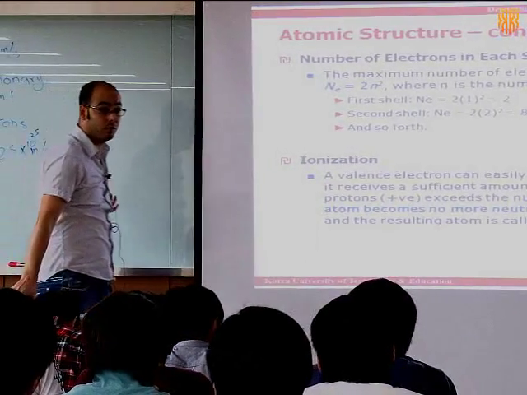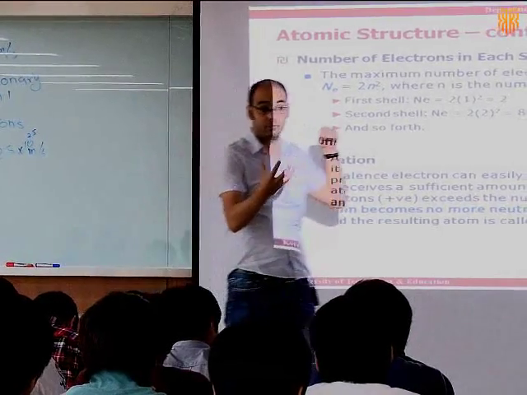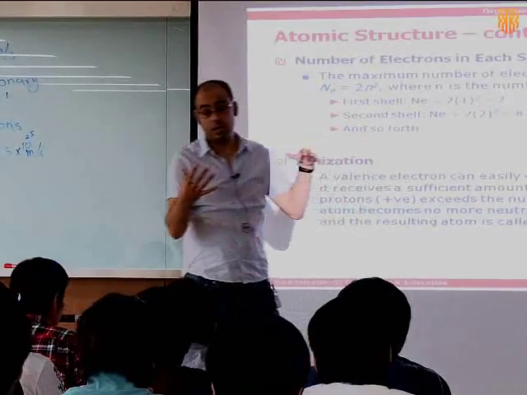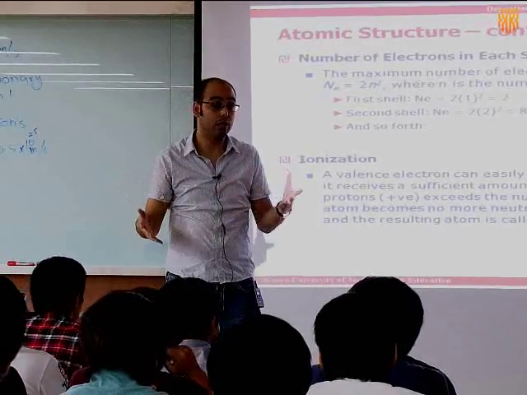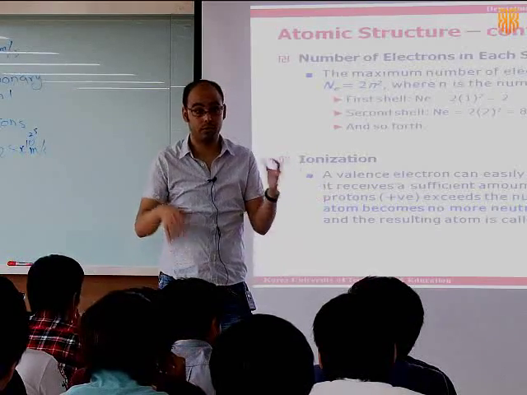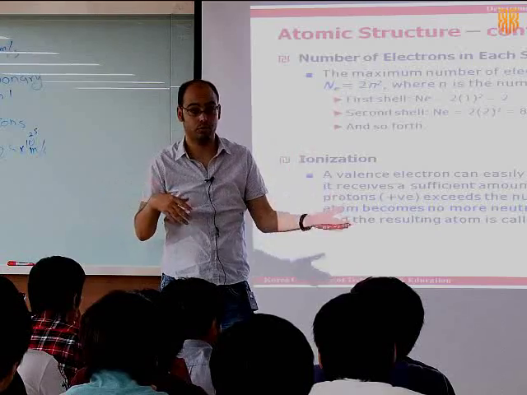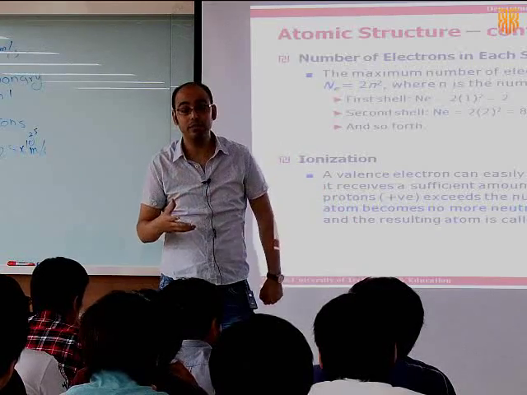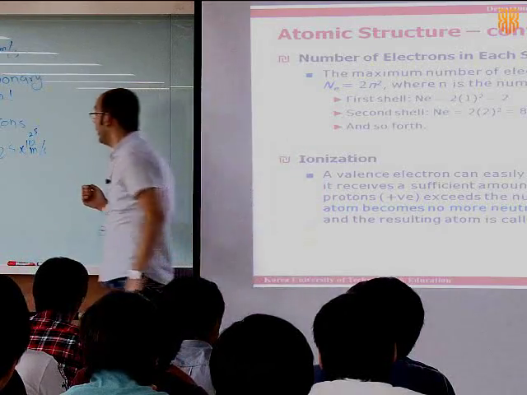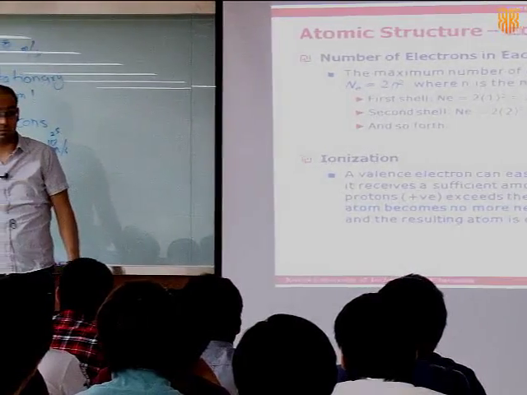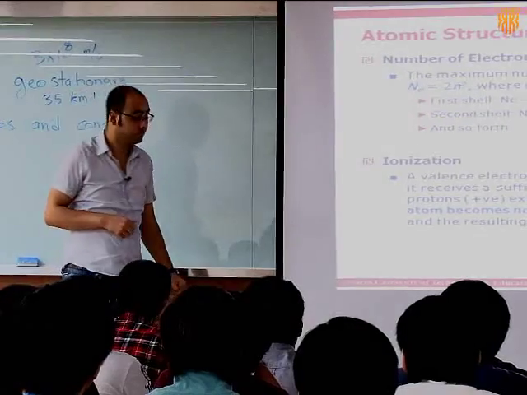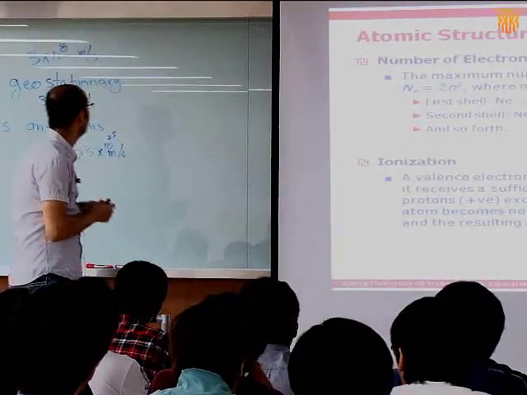And what I said before, when the atom is alone, the number of electrons equals the number of protons. But we can add an electron or take out an electron. Like, for example, O2.